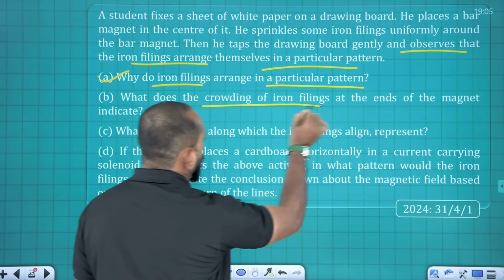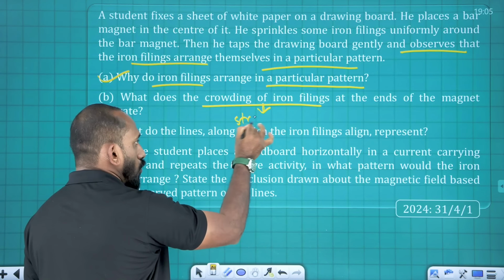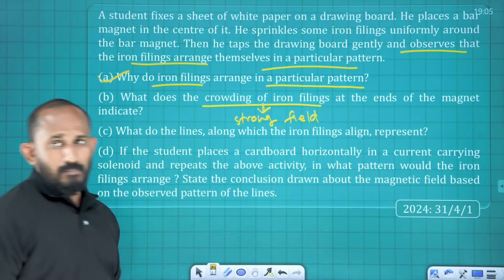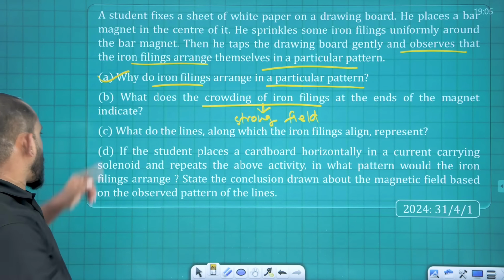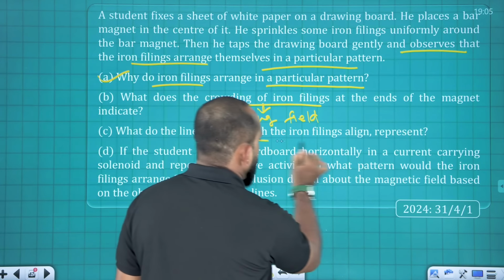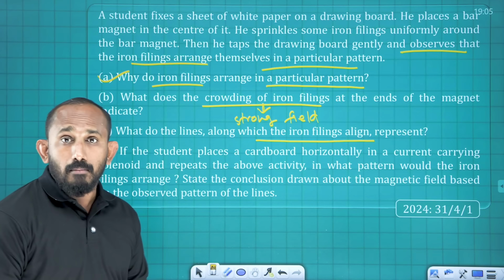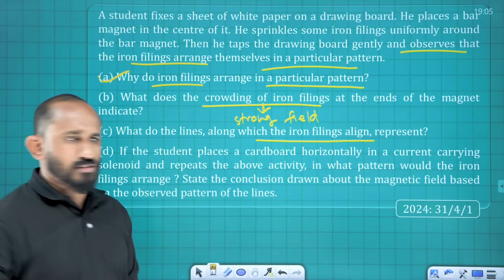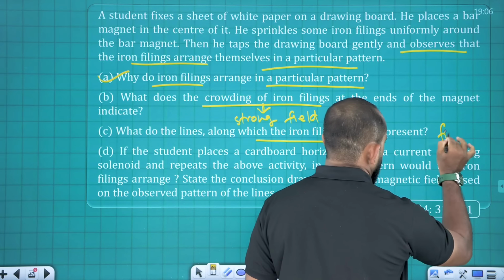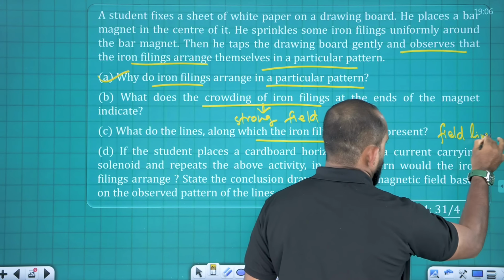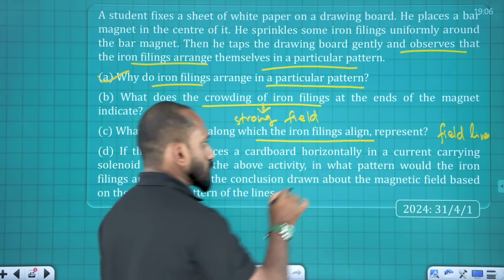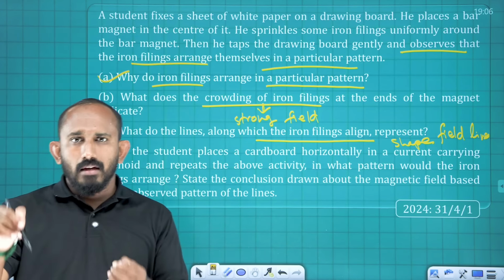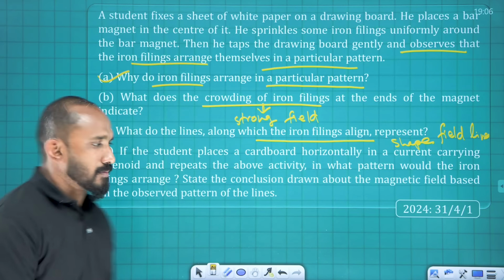So crowding of iron filings shows there will be a strong magnetic field. Strong field is there. C. What do the lines along which iron filings align represent? The direction of the magnetic field lines, or you can just call them magnetic field lines. Shape of the field lines. So it will be curved; if you draw the tangent, you will get the direction of the magnetic field.